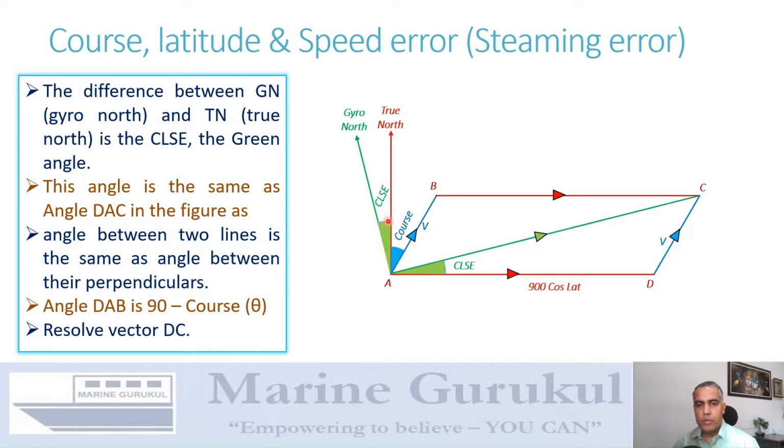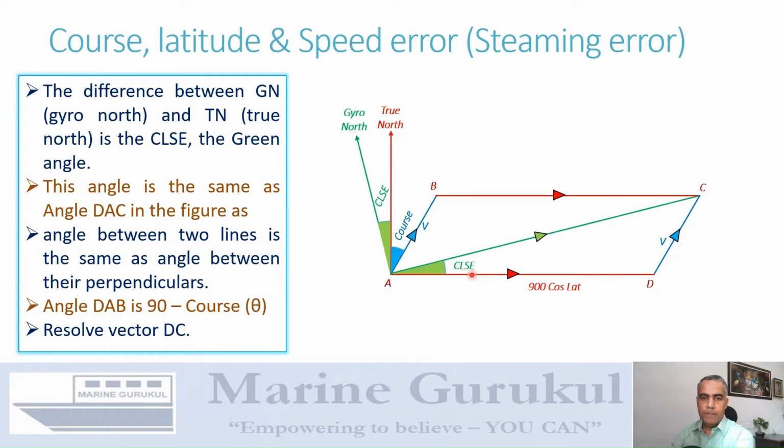So the angle between gyro north and true north will be exactly the same as the angle between vector alpha to delta and vector alpha to Charlie. So that explains that the angle delta alpha Charlie, represented as green color angle here and marked as CLSE, is our steaming error.